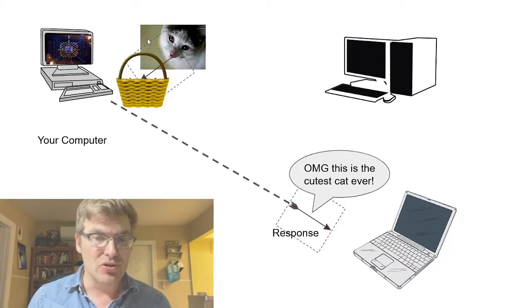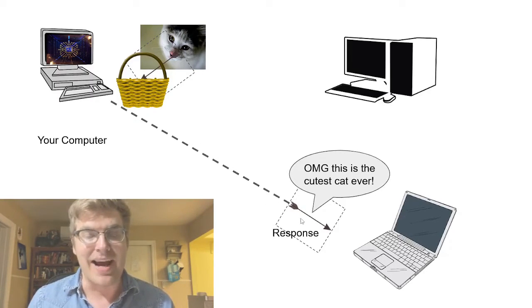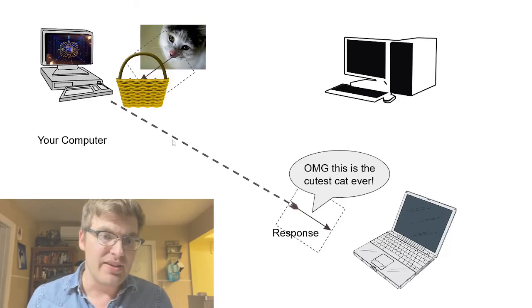So when the cat picture lands in your basket, again, that's FastAPI, it's a program, it runs through your computer the same way that any one of your images would run through your computer, and then the answer gets sent back to the original computer in the same way that you would receive answers from your AI.